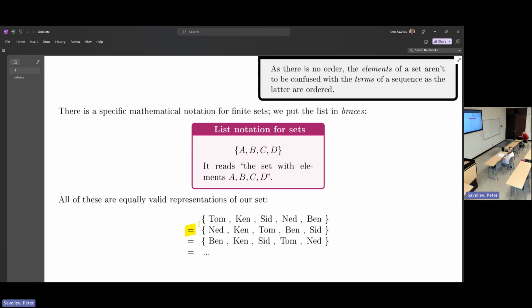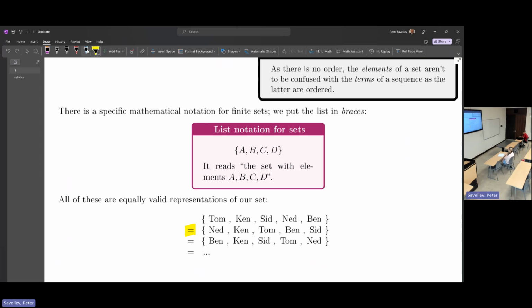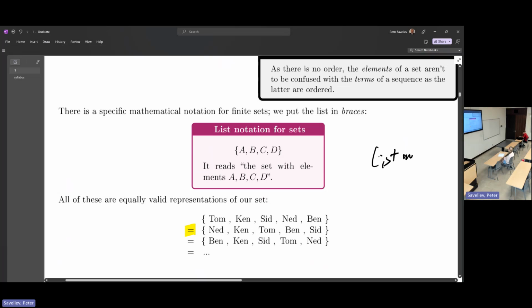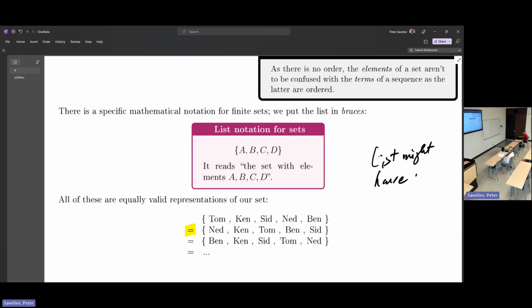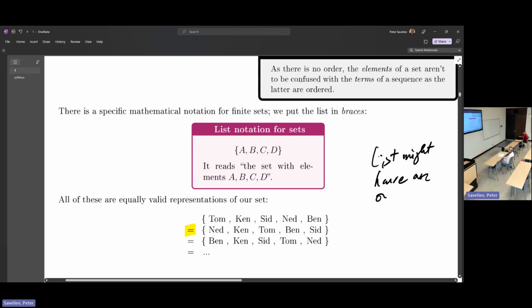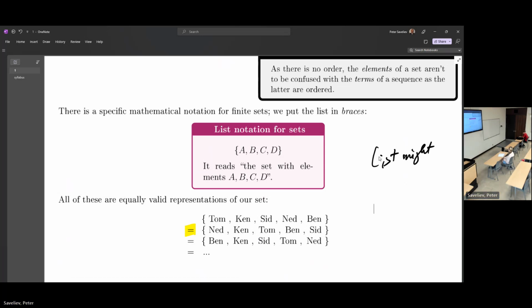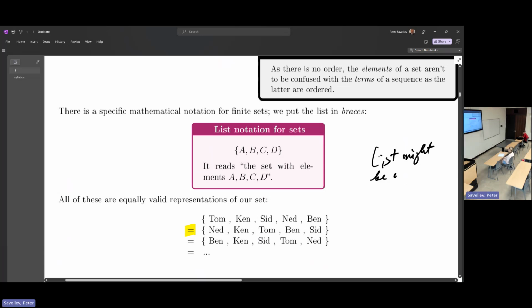So from the point of view of computing, I guess we should be careful about it. A list might be assumed to have an order, might be ordered.